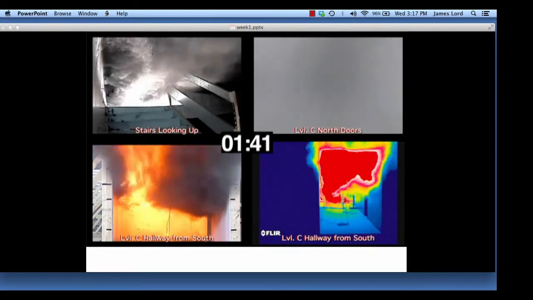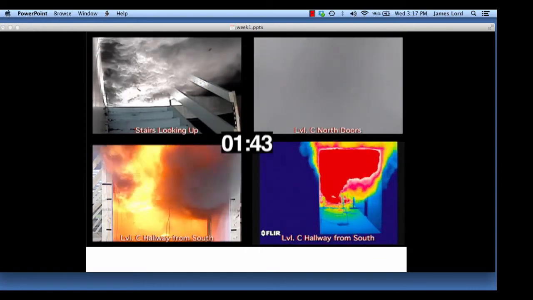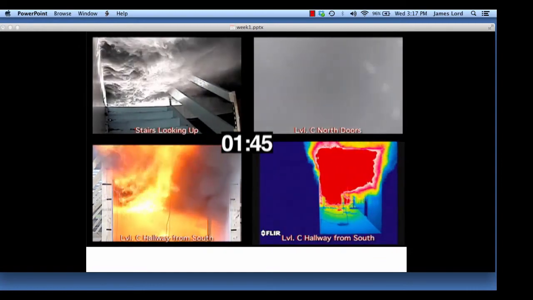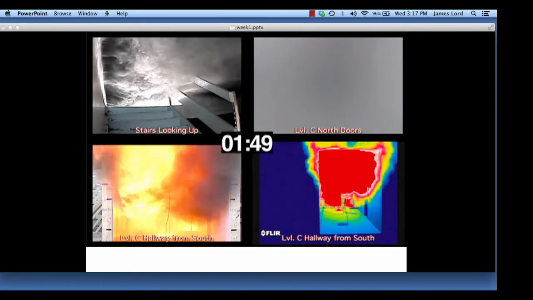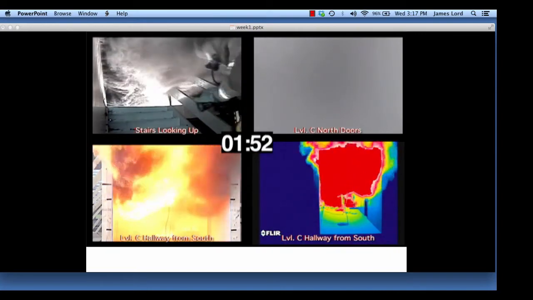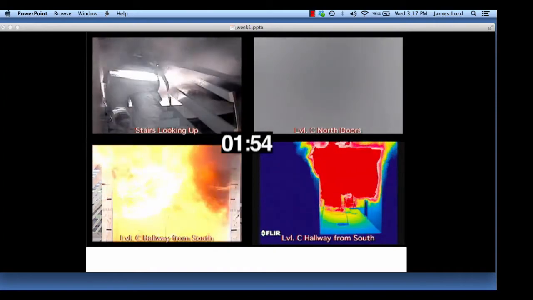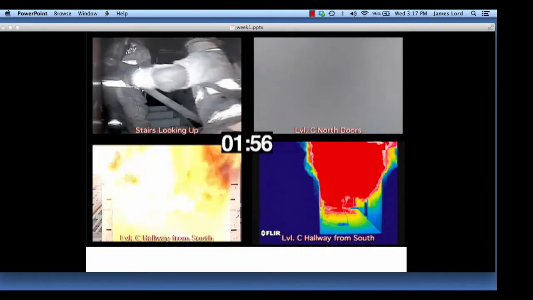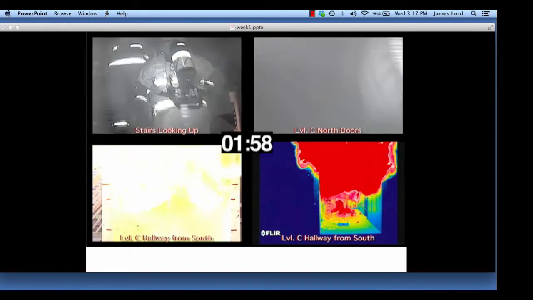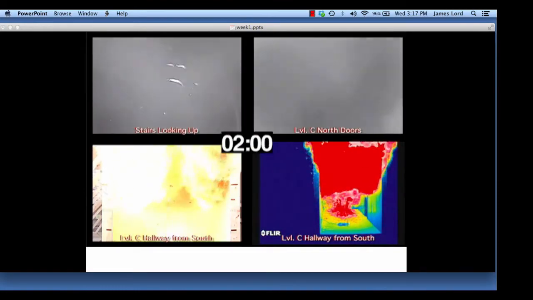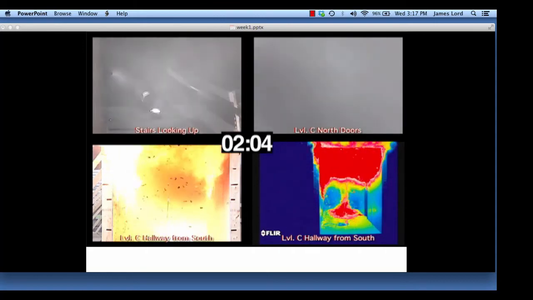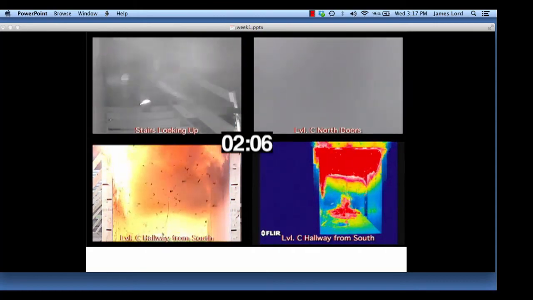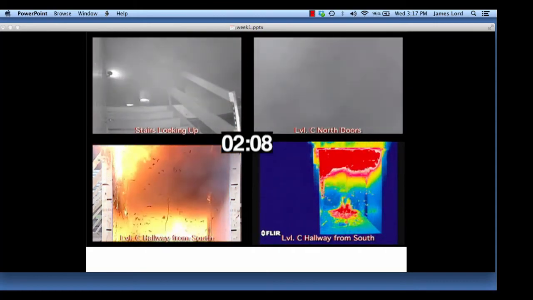And now we see on the bottom two images that we've essentially, before 2 minutes are even up, caused flashover of level C, whereas level B at this point is still fine. There's no smoke down there, there's no heat, so people could be walking around on level B and be okay, whereas level C is completely engulfed. So at least as a first pass, this hypothesis that the fire started up on level C is not looking too good.